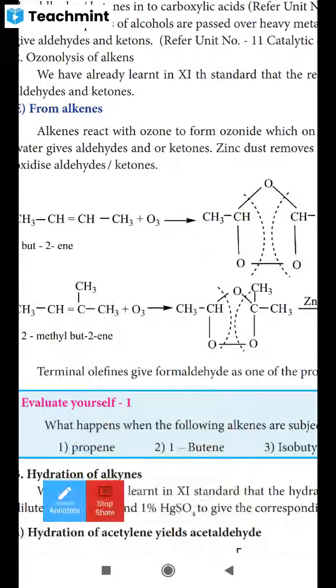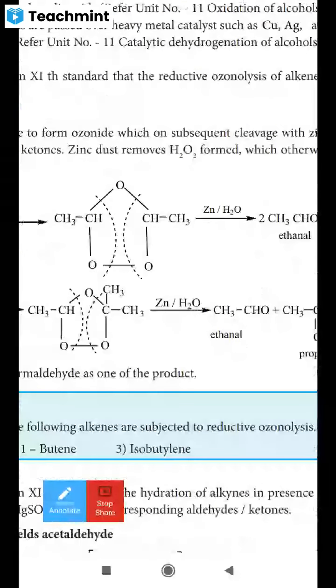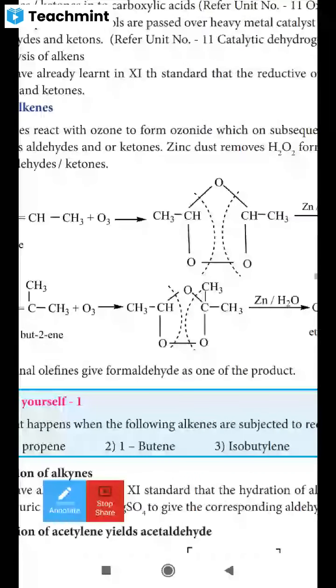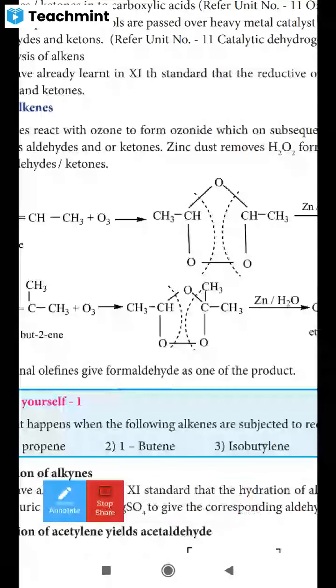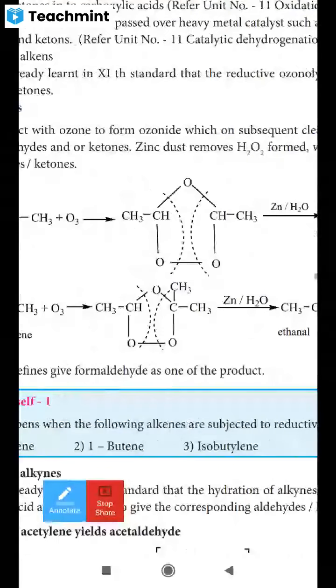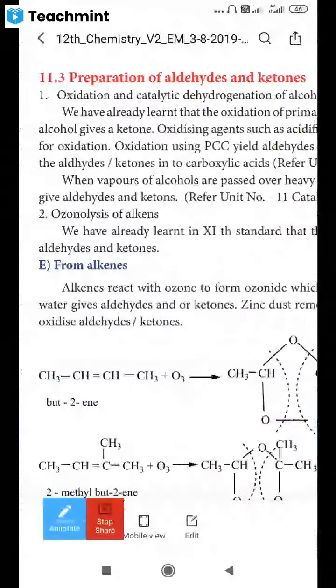In the product, you see ethanol comes here, right? So instead of that, formaldehyde will come. Formaldehyde means methanol. If the double bond is terminal, then you will get formaldehyde as one of the products. That is given here.